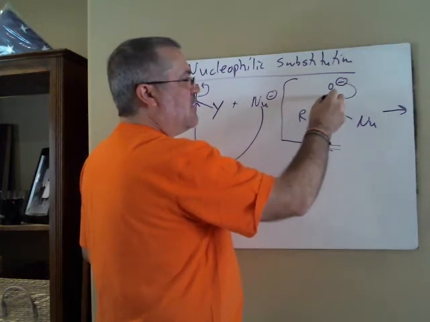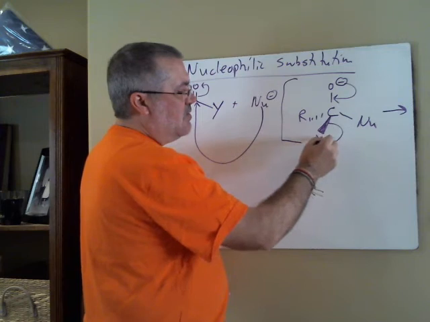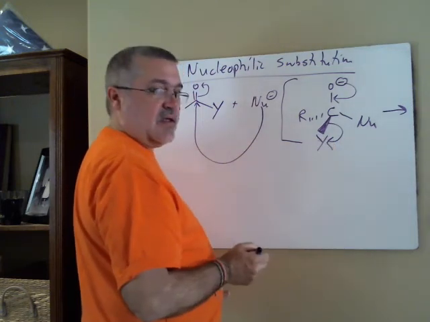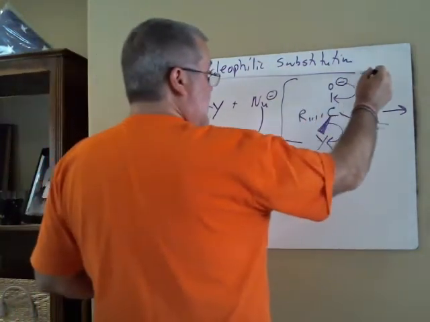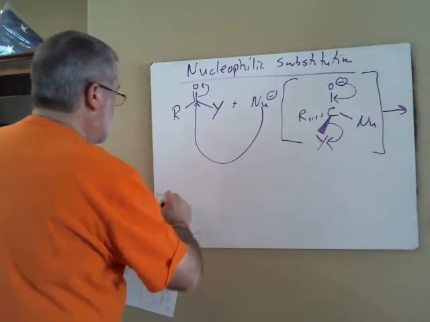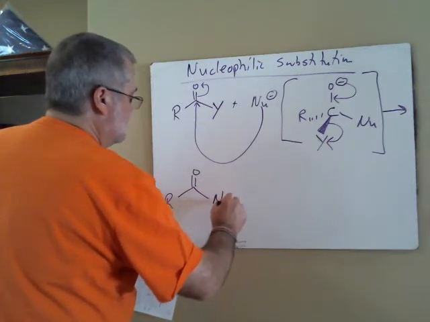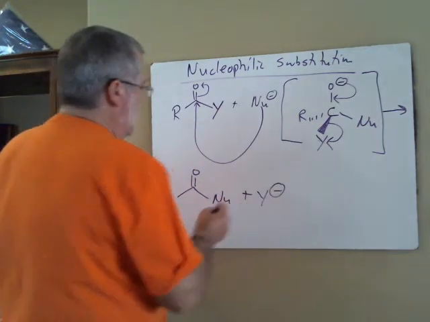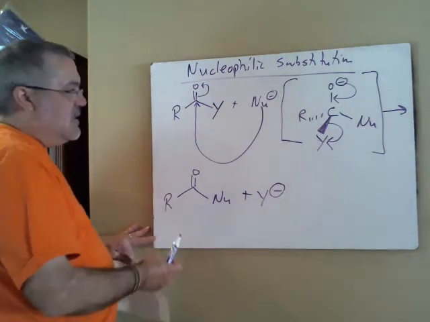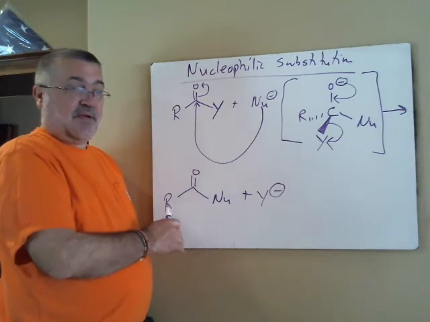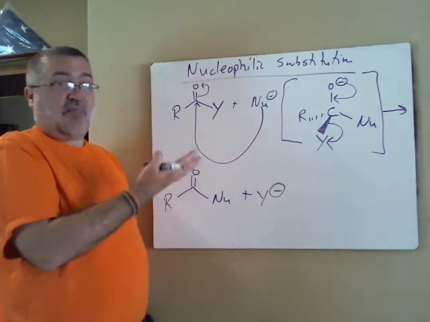So these electrons can come back in to reform the carbonyl, and when they do, you lose your leaving group Y, which results in the formation of this product, which is simply the substitution. Now I'm going to show you how simple this is. Just like the other one, all you're doing is adding the nucleophile and making the carbonyl into an alcohol.